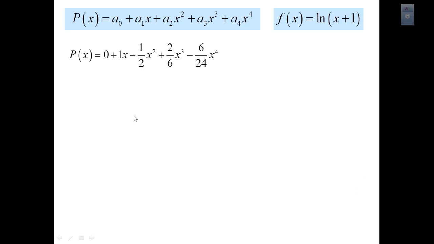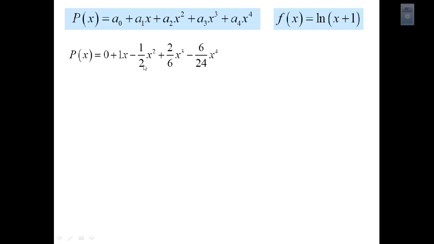All right, so when we put all those pieces together, our polynomial approximation, plugging in a sub 0, a sub 1, a sub 2, a sub 3, and a sub 4, as we calculated them, we're going to get p of x is equal to 0 plus 1x minus 1/2 x squared plus 2/6 x to the third minus 6/24 x to the fourth.